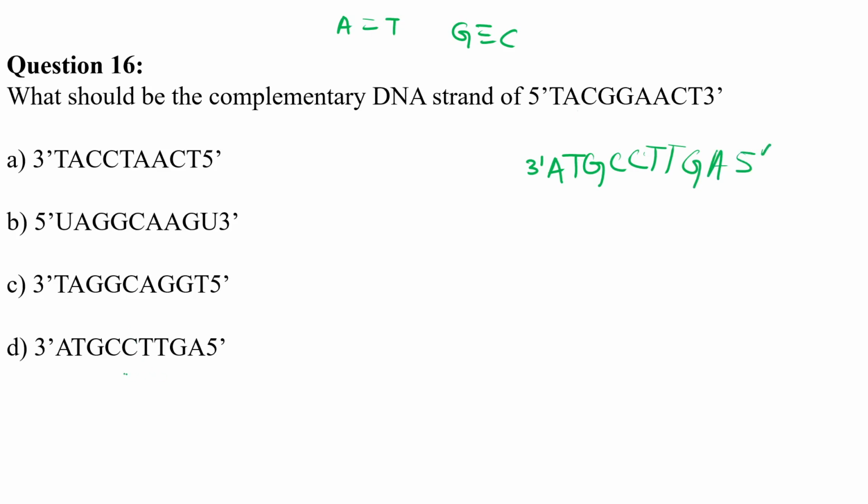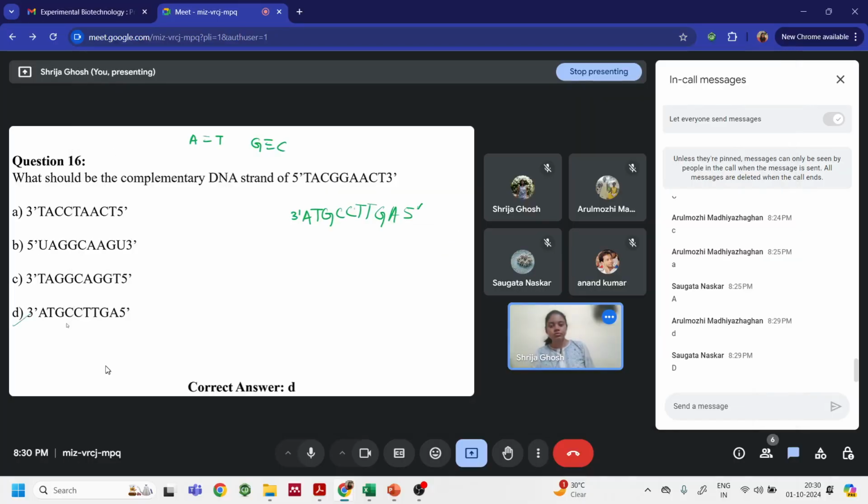So you can match ATG, CC, TT, GA and 3' to 5'. So option D is the correct answer. That is, I hope, clear.